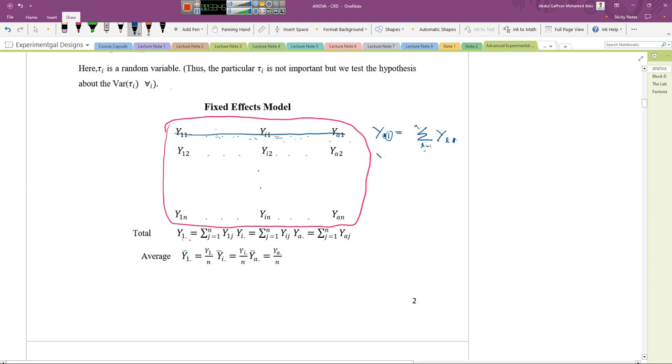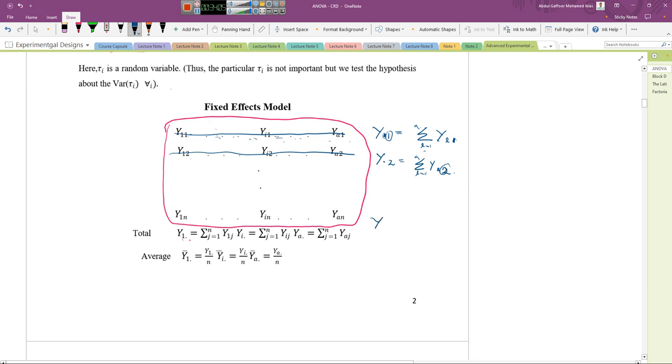And here I can write y dot 2 is equal to summation i is equal to 1 to a of y_i2. Why do I put i? Because I have to put i from 1 to a, and here this is 2, because this is the second row, that's why we put 2 here.